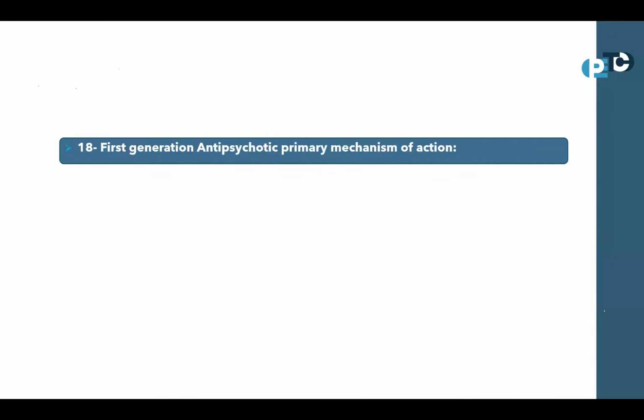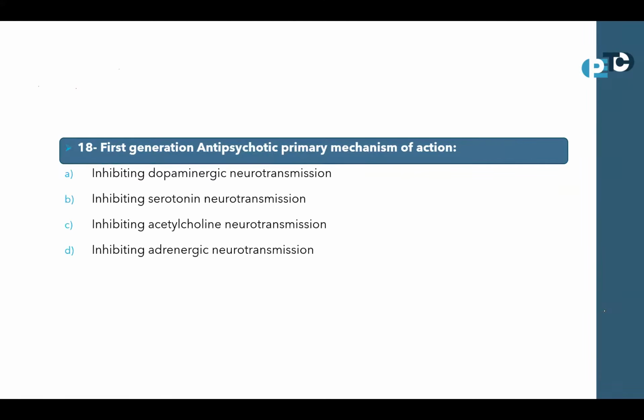First generation antipsychotic primary mechanism of action. What is the primary mechanism of the first generation antipsychotics, like chlorpromazine, thioridazine, haloperidol? Inhibiting dopamine neurotransmission is the right answer. The first effect is regarding dopamine.